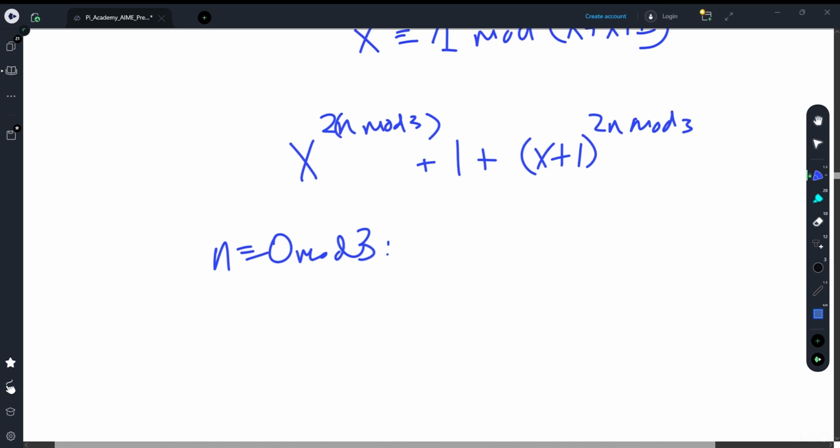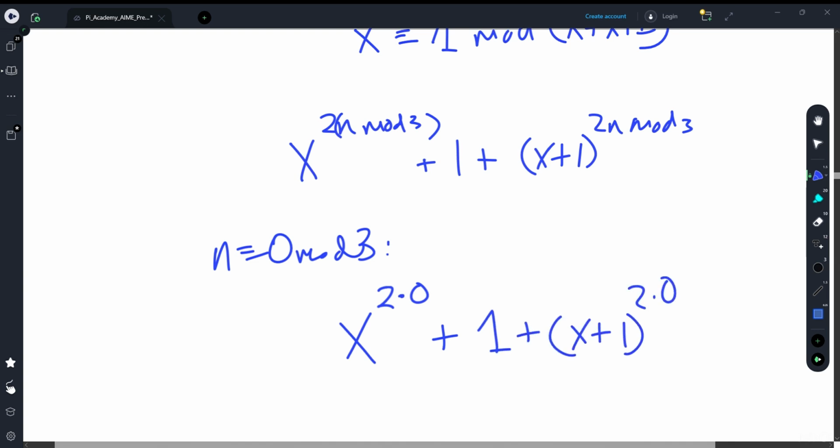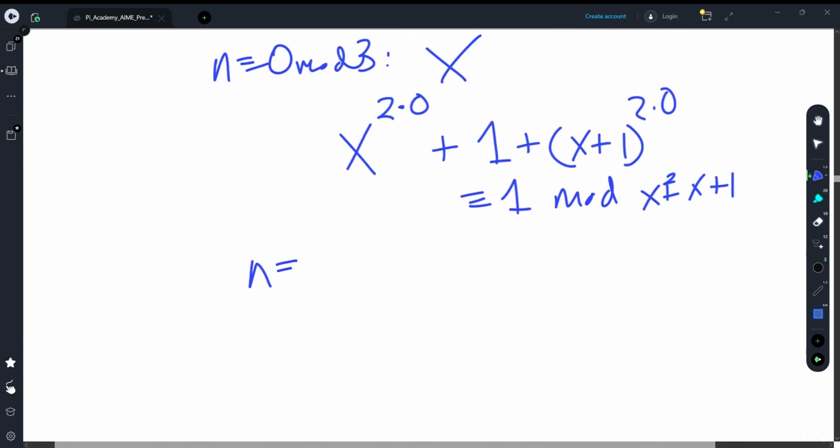This means that x to the 2 times 0 plus 1 plus x plus 1 to the 2 times 0, which is just 1 mod x squared plus x plus 1. So this does not work. Case 2, n is equal to 1 mod 3.